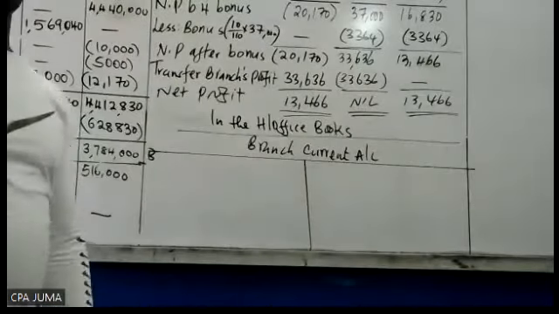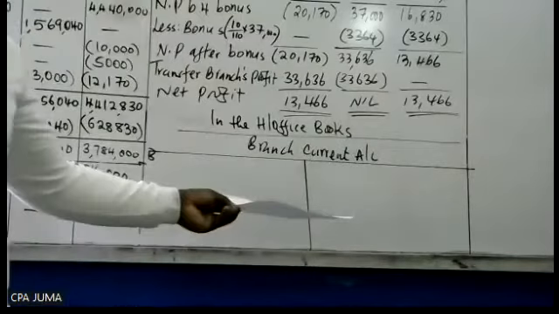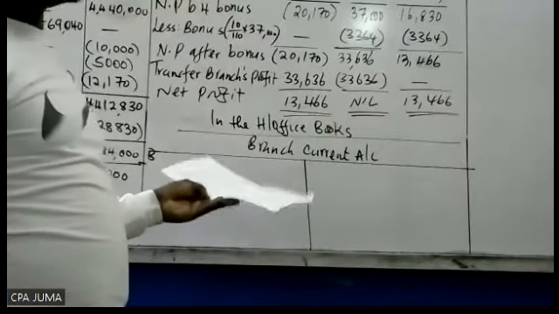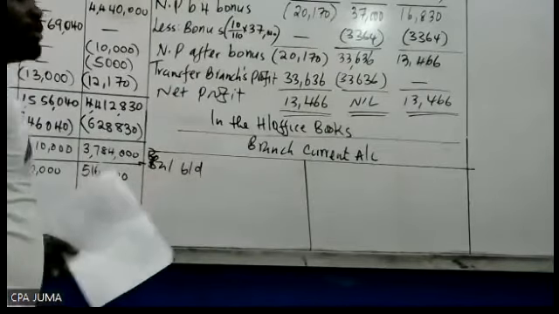You start with the balance brought down. Head office treats the branch like a customer, so the balance brought down will be on the debit.